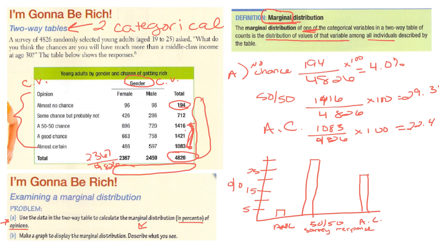There's about the same number of them that said 50-50 chance versus good chance. Over half of them think that there's a good chance or almost certain that they'll be rich by the age of 30. So there's a lot of ways that you could describe this. But again, those are the things that you're looking for. Trends, things that are really high, things that are really low, being able to compare things together.